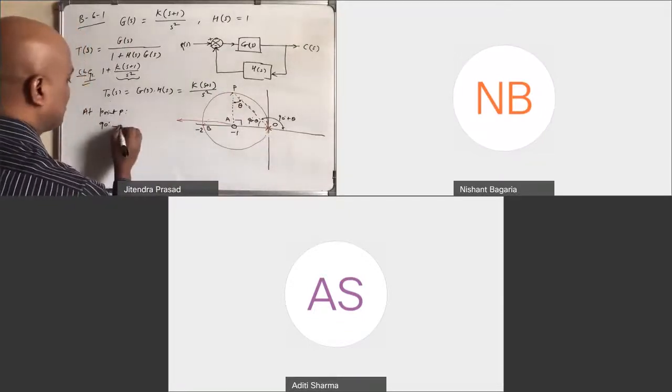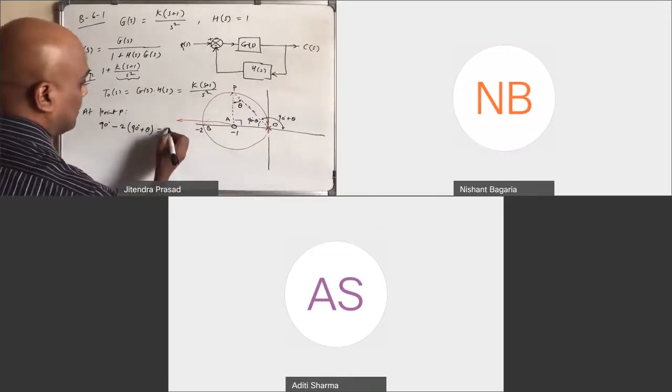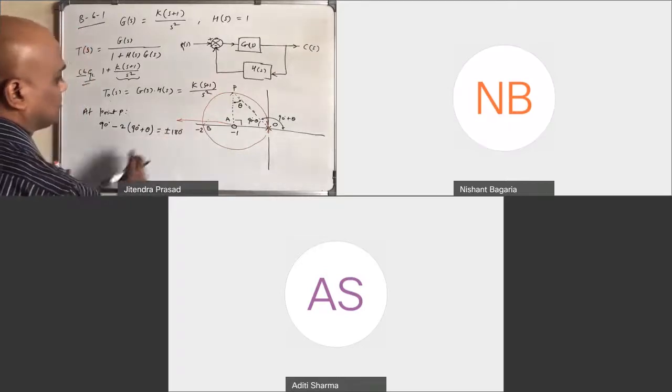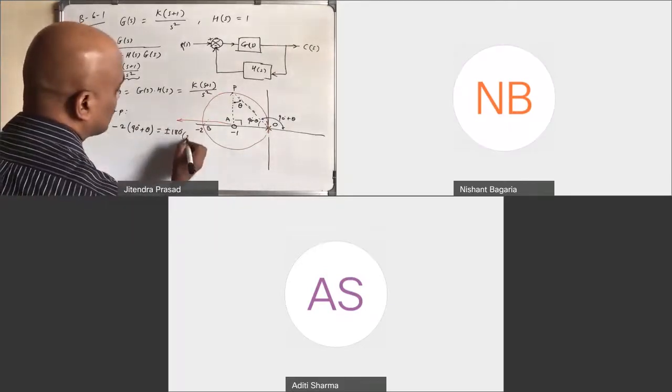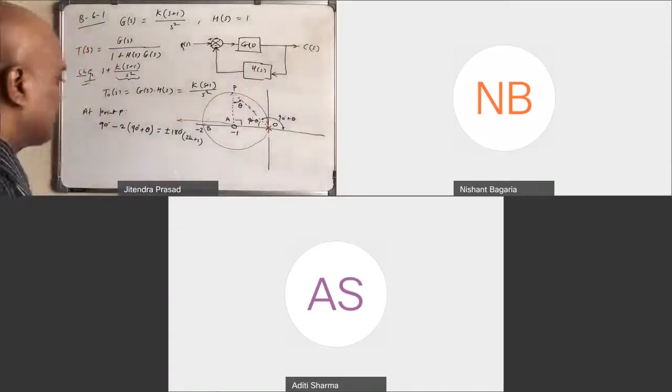So we get minus 2 times 90 degree plus theta has to be equal to plus minus 180 degree, or it could also be 2k plus 1 times 180. So this is what we have to find out.